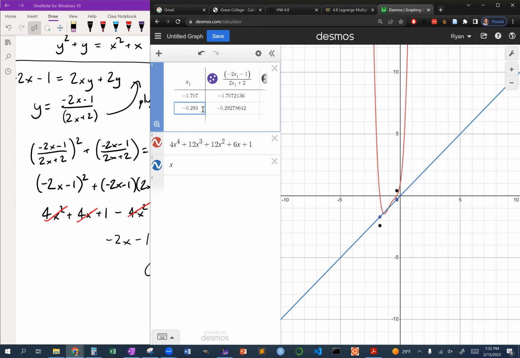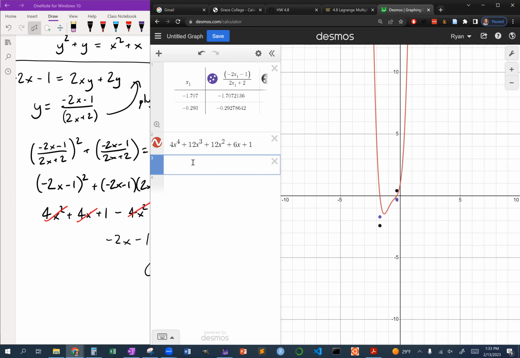Negative 1.707, that looks suspicious. So what is negative 1.7072136 squared? Yeah, I have no idea.